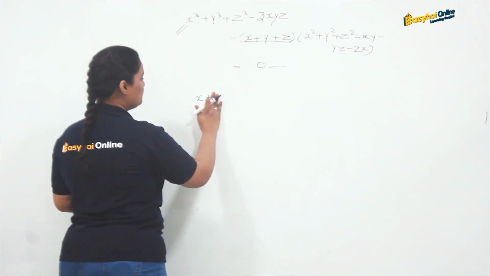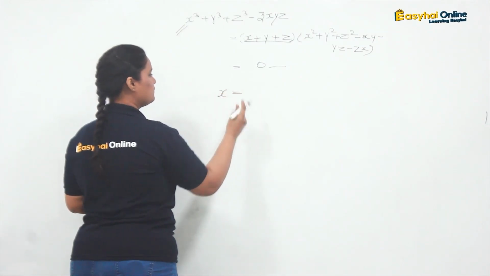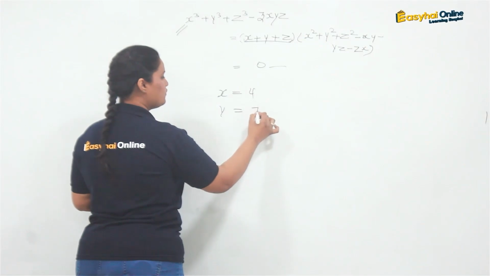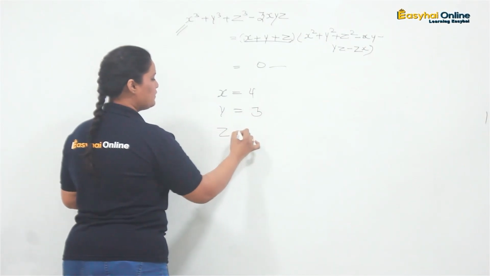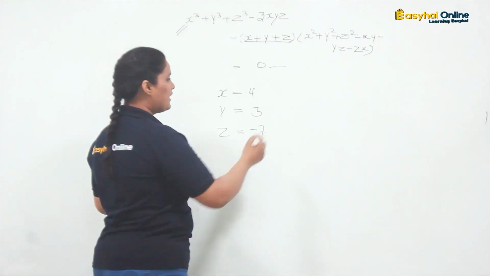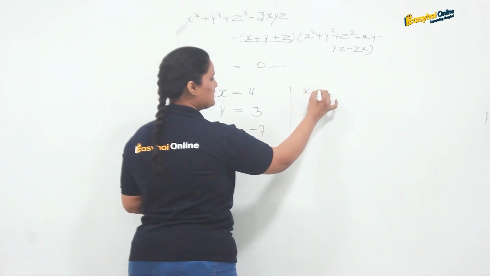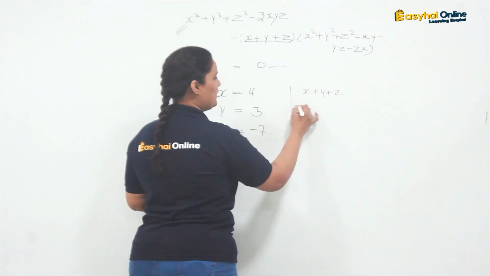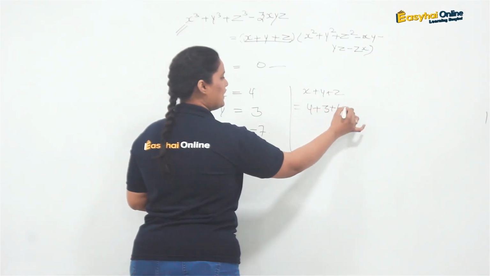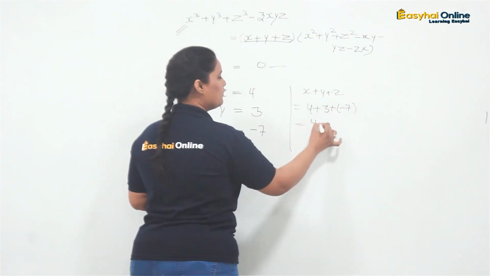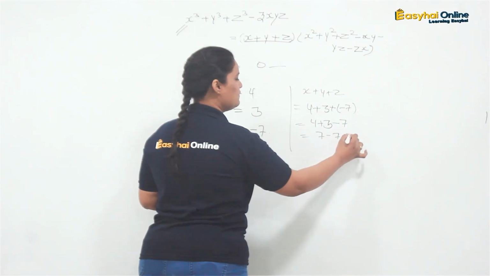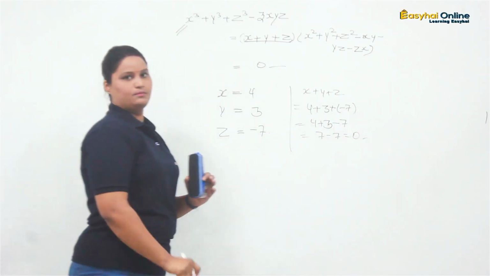Now let's assume that x is equal to 4, y is equal to 3 and z is equal to minus 7. Now try to add x plus y plus z. It will be 4 plus 3 plus minus 7, which means 7 minus 7, which is equal to 0.